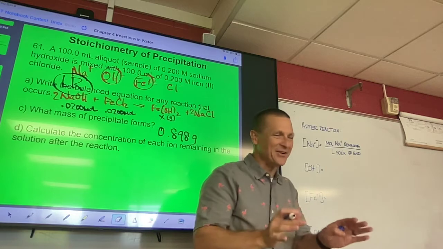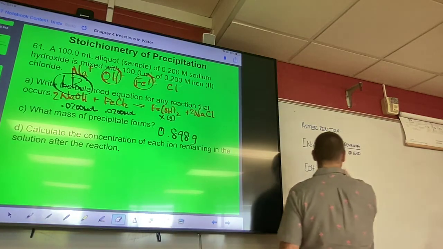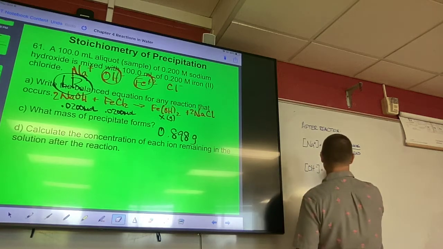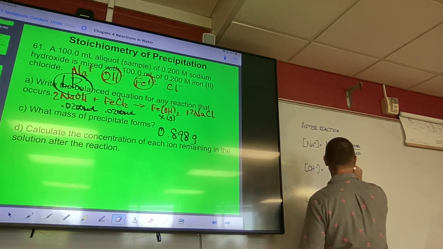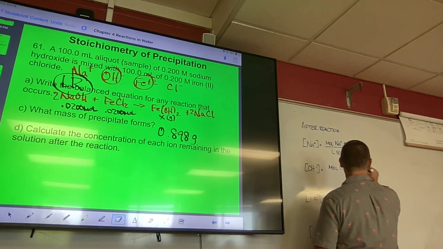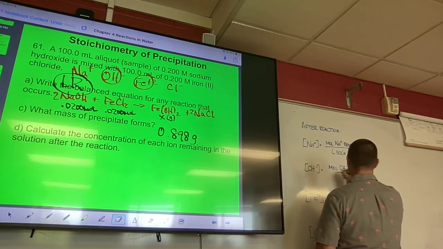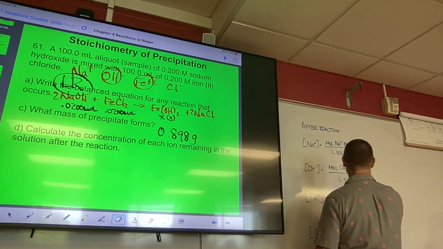Trying to make this very systematic and clear. We're going to do that for all 4 of our ions. The concentration of hydroxide is the moles of hydroxide that remain, divided by the liters of the solution at the end.